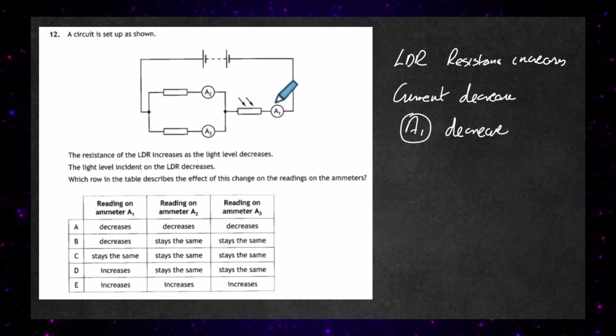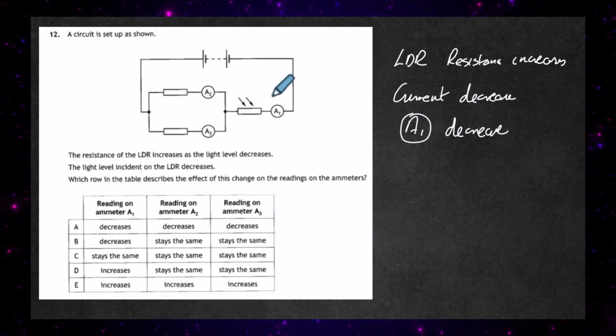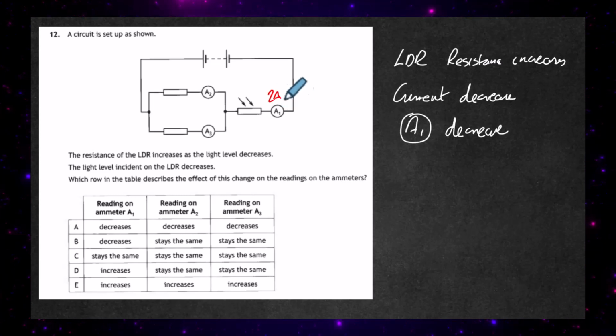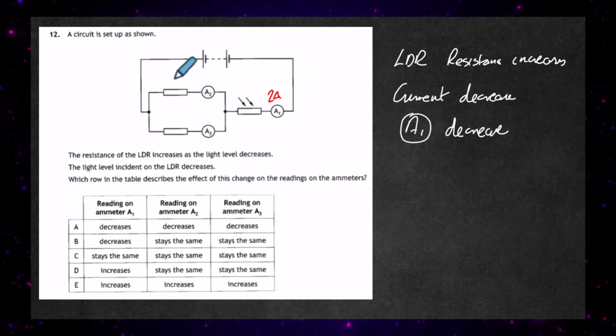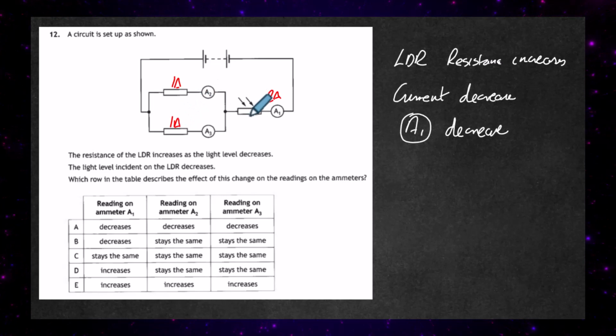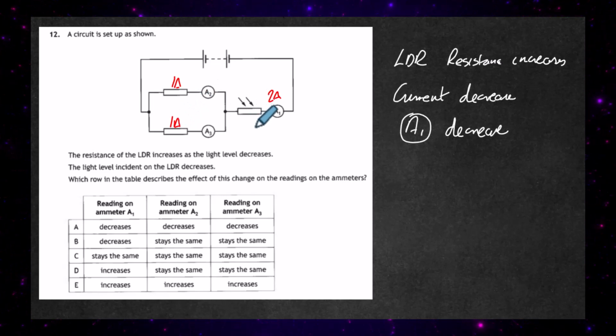Now, what happens here then? So let's imagine some numbers here. Let's imagine before it goes into the dark, you've got, say here, 2 amps. And this current is from the battery. It goes through here. 1 amp will go through that branch and 1 amp will go through this branch. Now, if we put the LDR into darkness, the current's going to decrease.